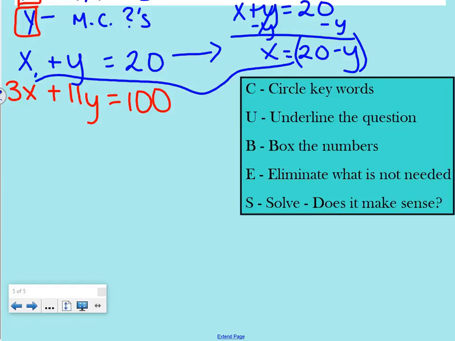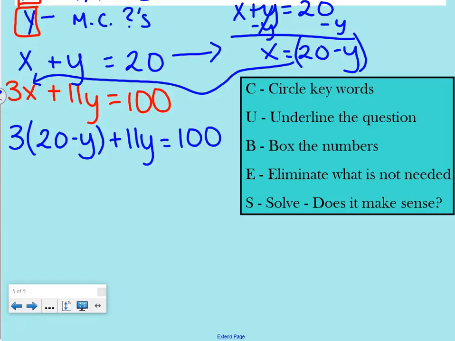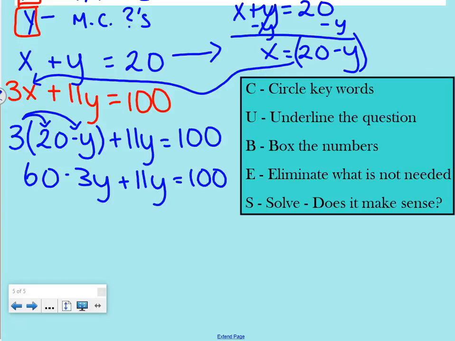Now we can make that substitution into our next equation right here. We can substitute it in for x. So we're going to say 3 times 20 minus y plus 11y equals 100. Distribute. 60 minus 3y plus 11y equals 100.